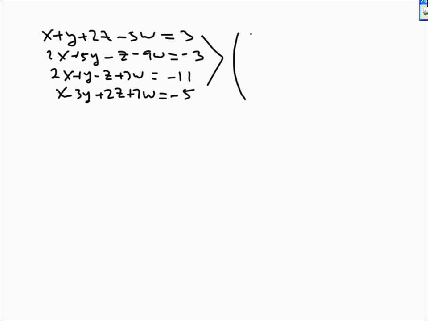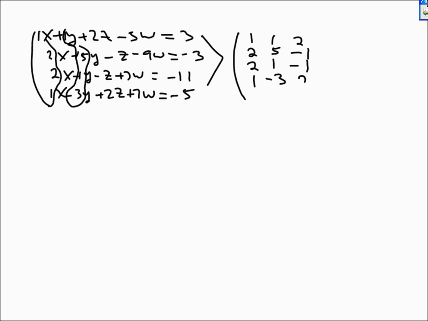The numbers in front of x's from top to bottom are 1, 2, 2, and 1. The numbers in front of y are 1, 5, 1, and negative 3. The numbers in front of z are 2, the understood negative 1, again negative 1, and 2.